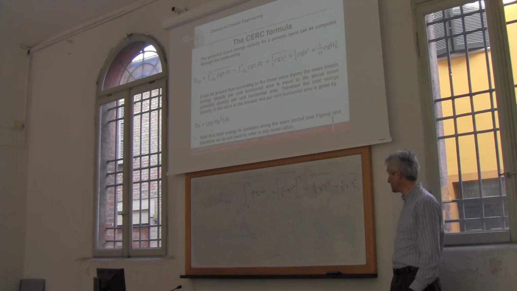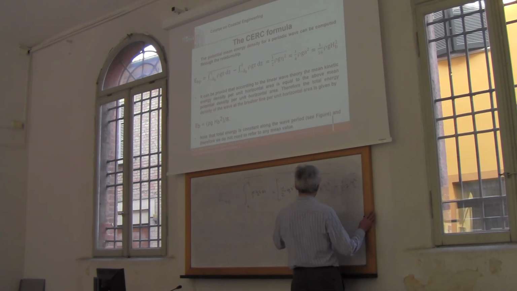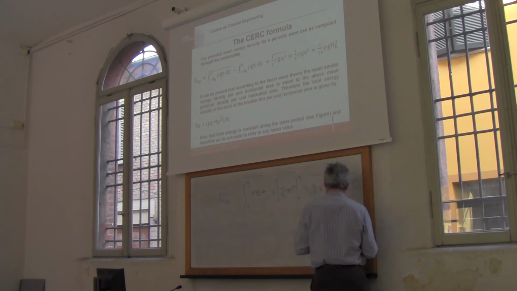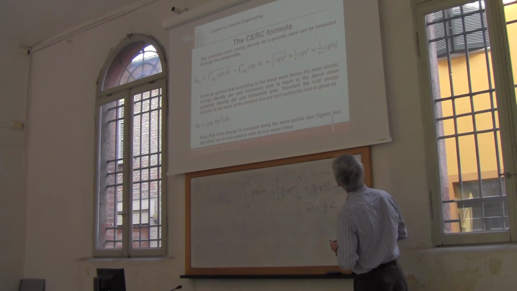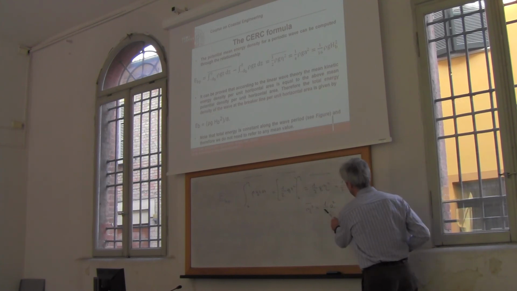Okay, and now you have to trust me if I tell you that the average of eta squared is equal to 1/2 A squared, where A is wave amplitude.